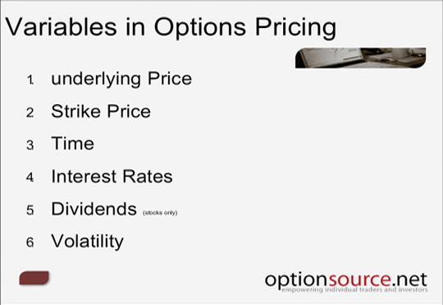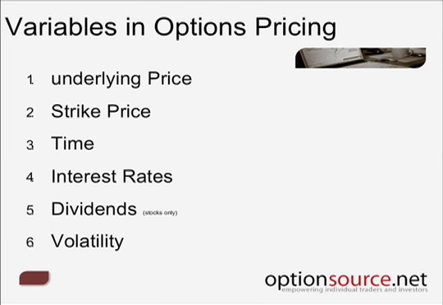Now, I talked a little bit about the different variables that influence how an option is priced, and there's a standard set of variables that we look at. This applies across the board, whether we're talking about stocks, currencies, or commodities.